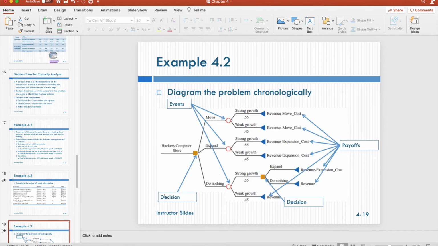If you do nothing, and fortunately the strong growth happens, you may decide to expand in the next year. You will have the corresponding profit, right? But you can still do nothing, even if you see the strong growth. There is a profit showing here. And if you do nothing and the weak growth happens, you will do nothing eventually. You will see a profit showing here. So you see that from this decision tree, right?